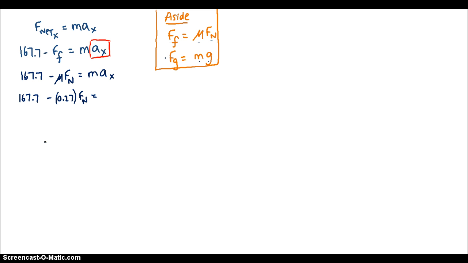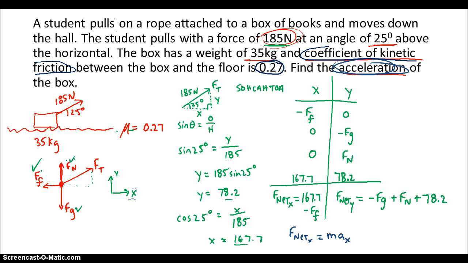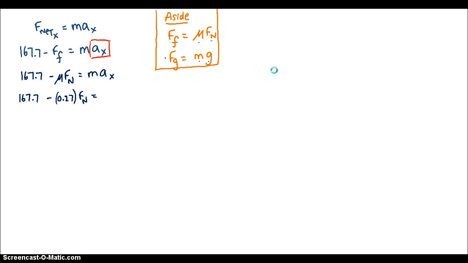I don't know what my normal force is. I'm not sure what it is at this time. Our box has a mass of 35 kilograms. Okay, so we're stuck. We need to know what the normal force is, but we're not sure what it is yet.